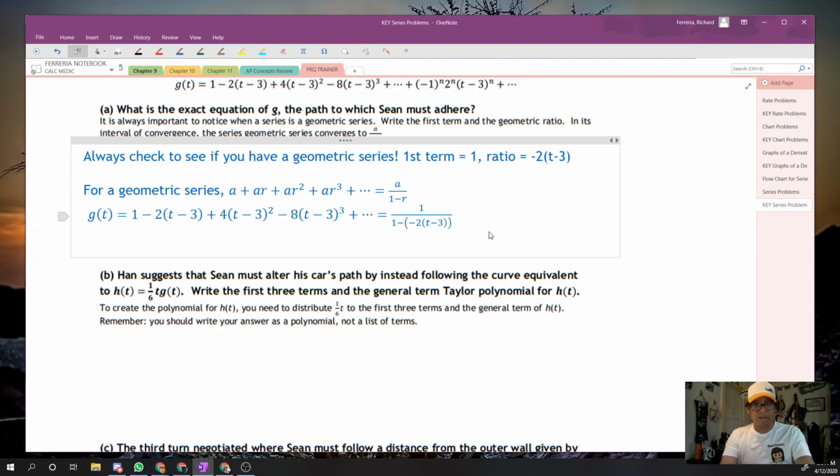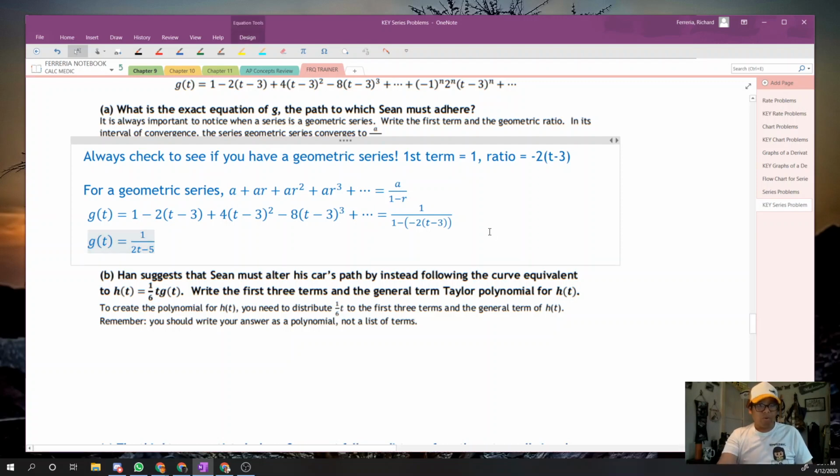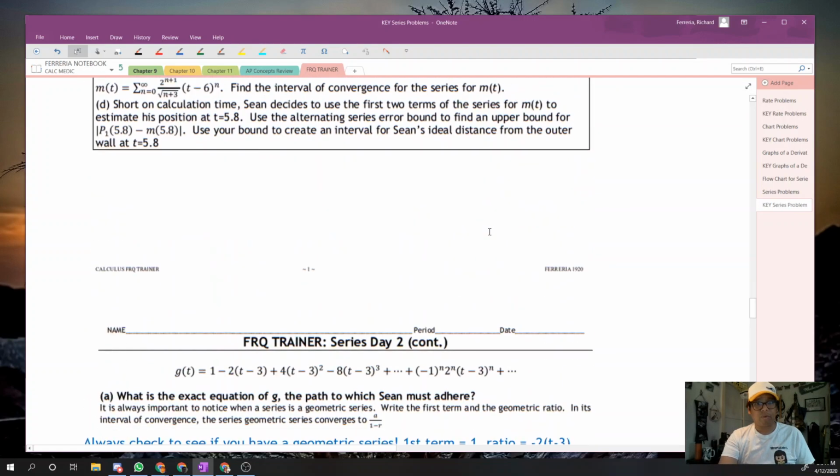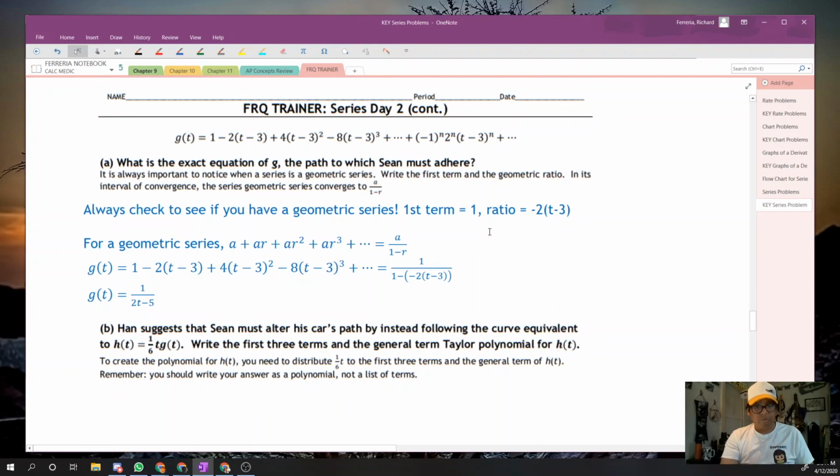So when you simplify that, you're going to get 1 over 2t minus 5. So that's our geometric sum. That's what all of those infinite number of terms are going to add up to. Of course, they're only going to add up to that in the interval of convergence for t.